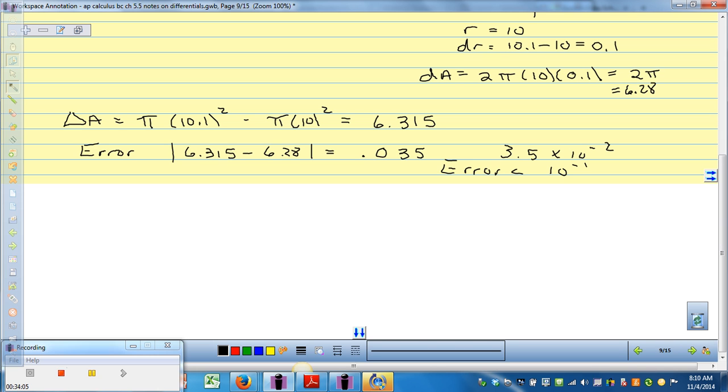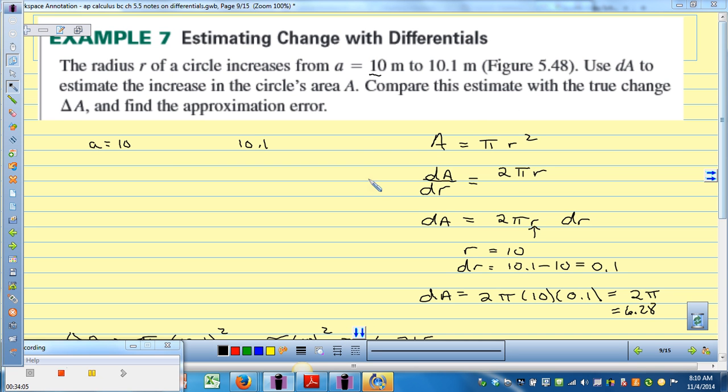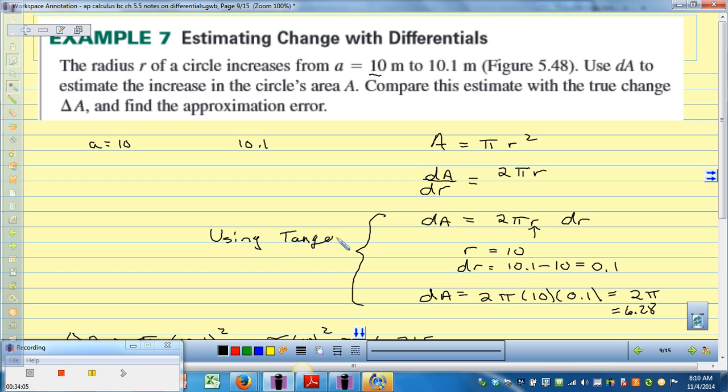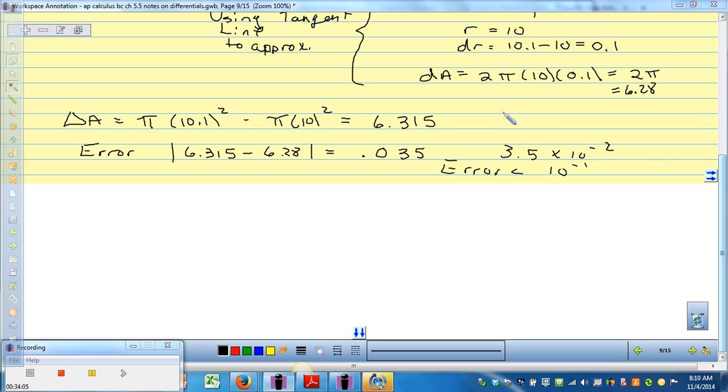Okay, questions on what we did there? The key thing is, in this portion, we are using the tangent line to approximate. Down here, we're using the actual function.